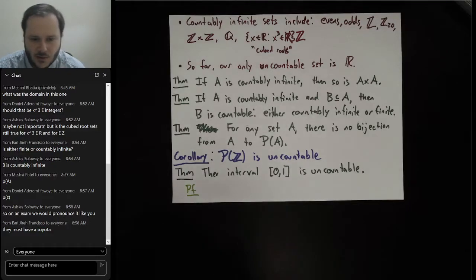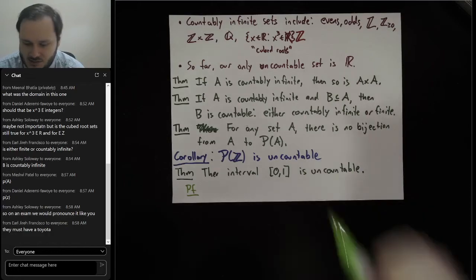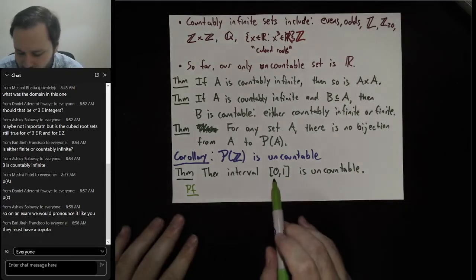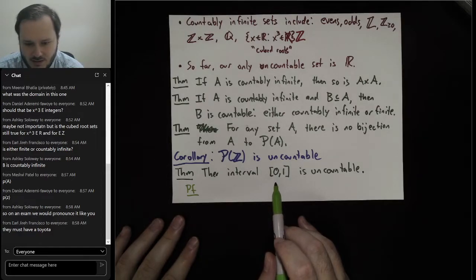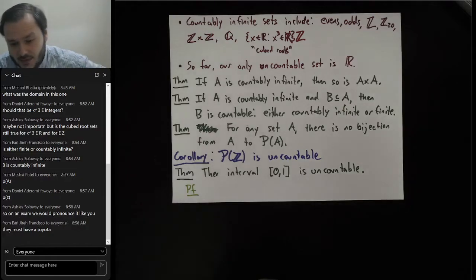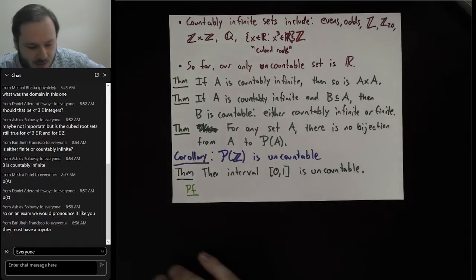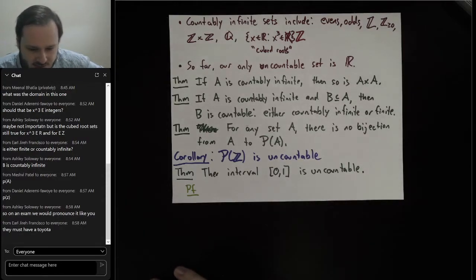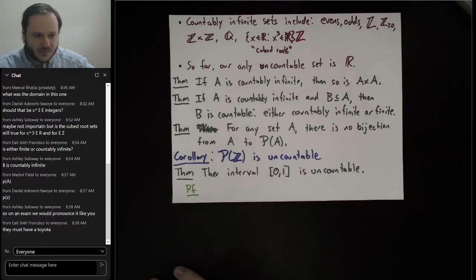Or I could go the other way around, right? If there's a bijection from A to B, then there's also a bijection from B to A. So I could also find a bijection from 0, 1 into the real numbers. And the easiest way to do this is to use a trigonometric function, which is wild to me.